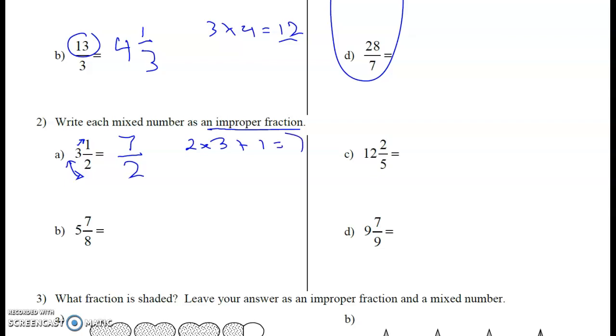If I apply that idea to part B, to get the numerator, I would do 5 times 8 plus 7. 5 8s are 40, 47, so it'll be 47 over 8.